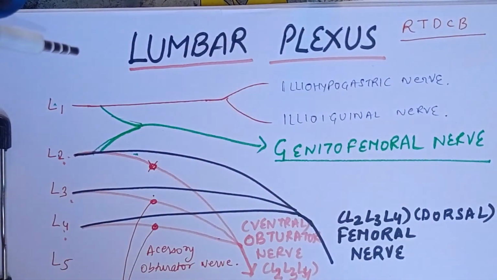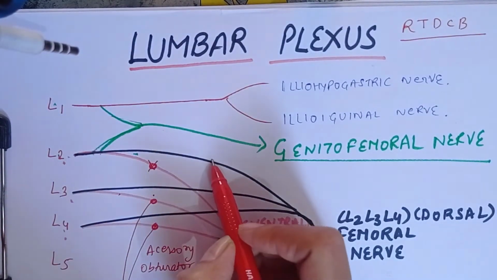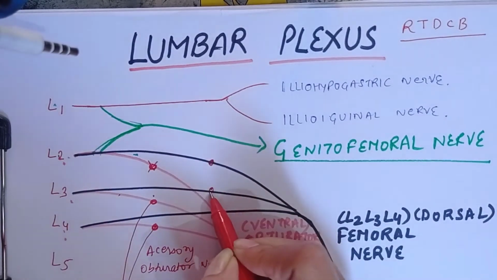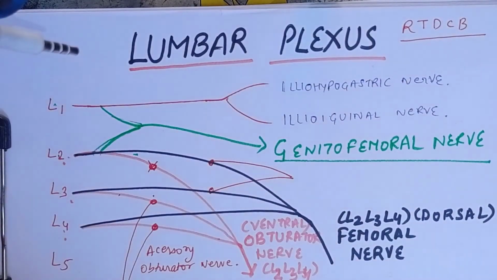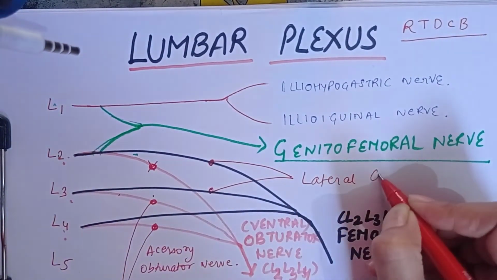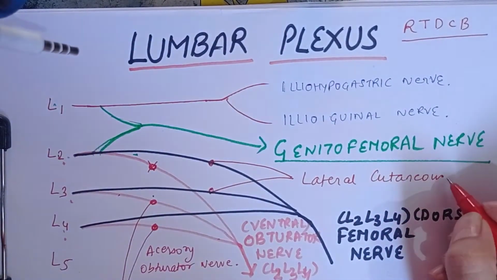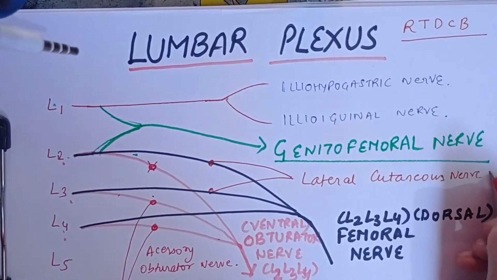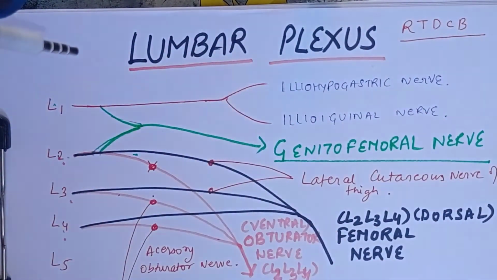And similarly, the L2, L3 dorsal division gave a nerve which is called the lateral cutaneous nerve of the thigh.